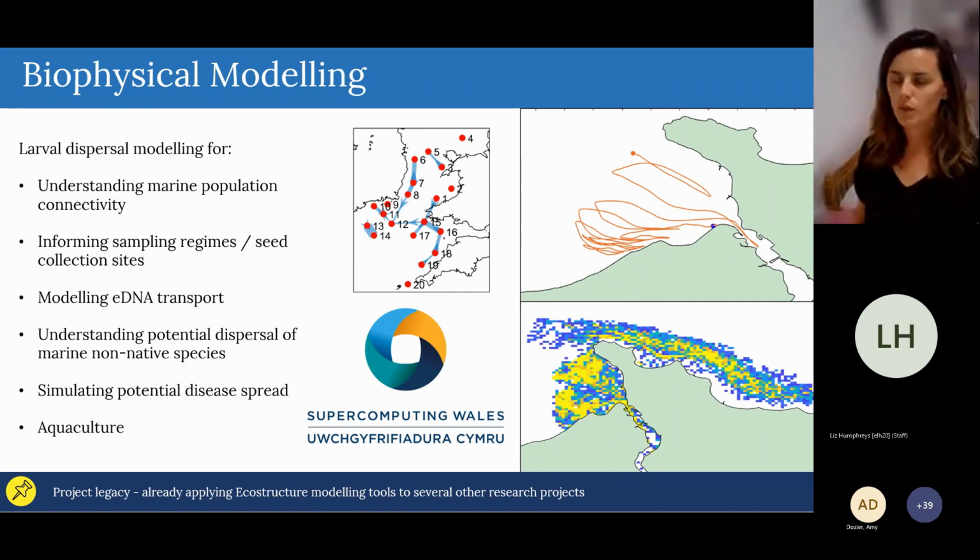So there's a project we did with NRW and Zoological Society London, looking at modelling eDNA transport in the Irish Sea along the Welsh coast, and then also applying the models to another ERDF funded project called the Shellfish Centre. So we're a heavy user of supercomputing Wales, so a little plug for the usefulness of that there.